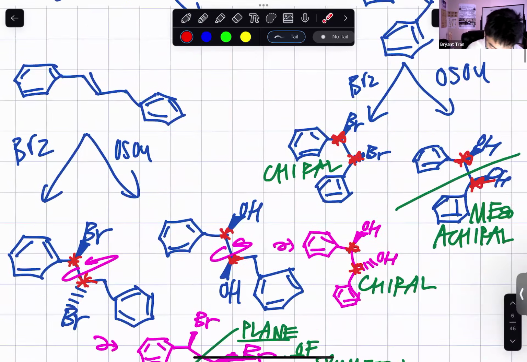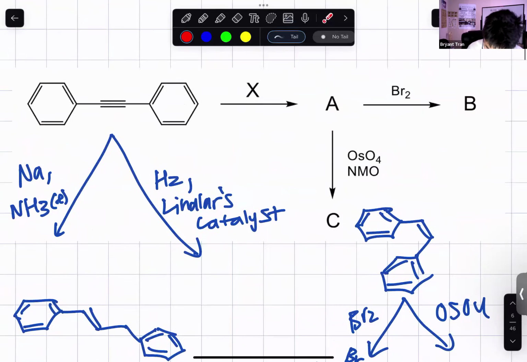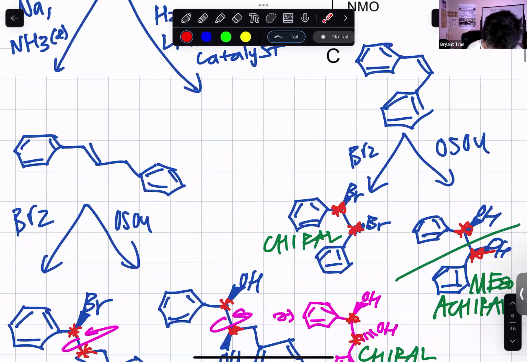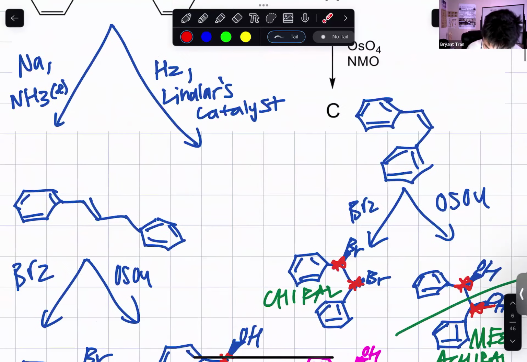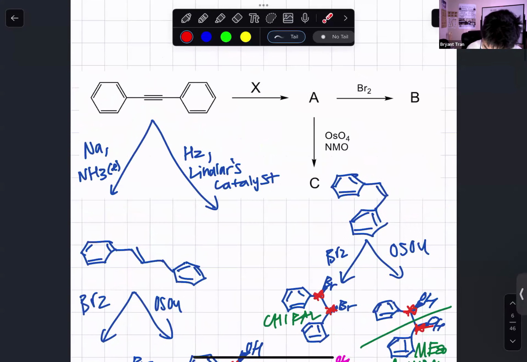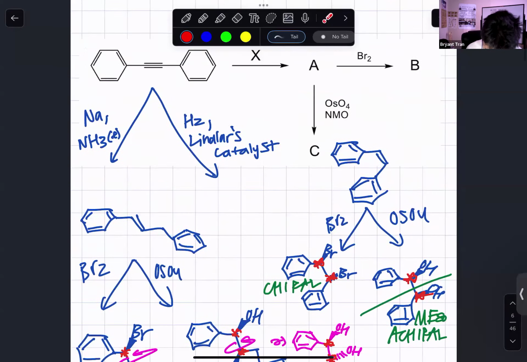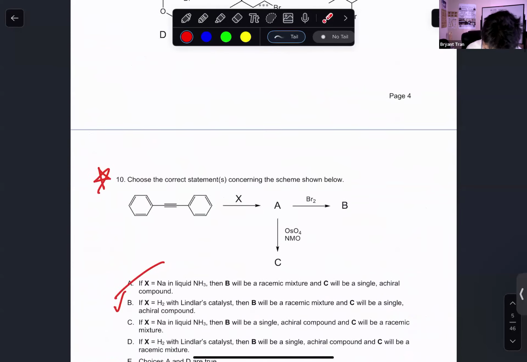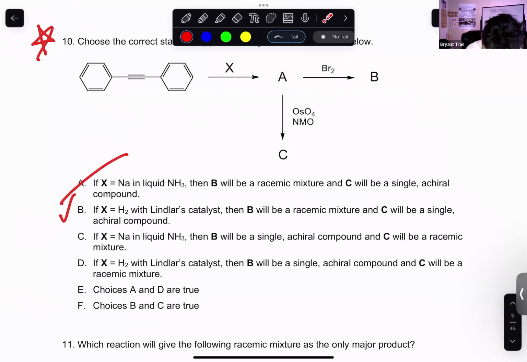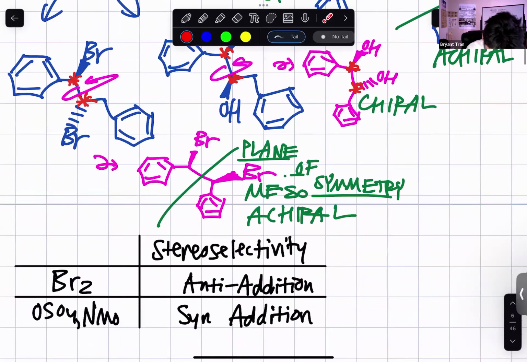Let's check C. That's when we react A with osmium tetroxide.